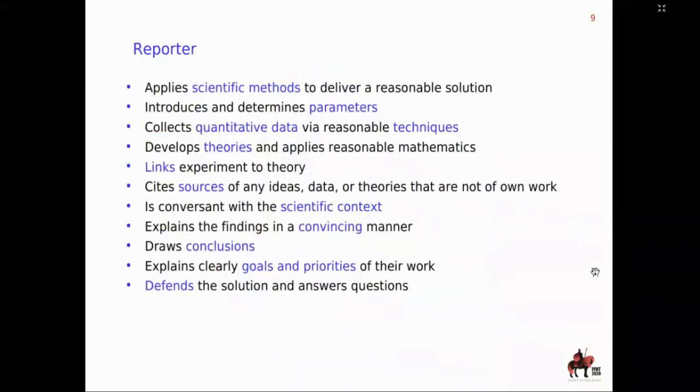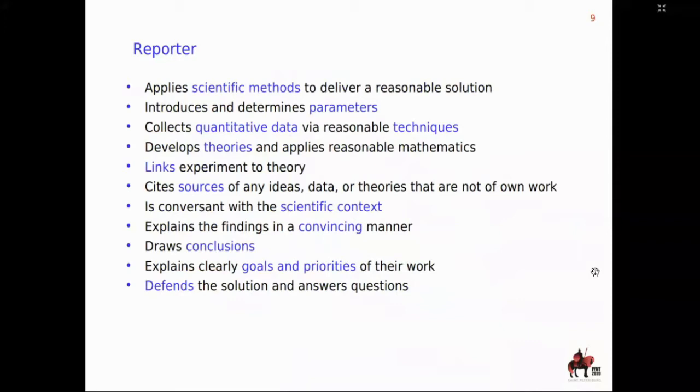What do we expect from the reporter? We expect that the reporter applies scientific methods to deliver a reasonable solution. The reporter introduces and determines parameters. The reporter collects quantitative data using reasonable techniques. The reporter develops theories and applies reasonable mathematics. The reporter links experiment to theory.